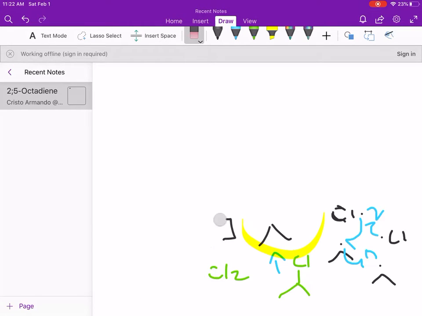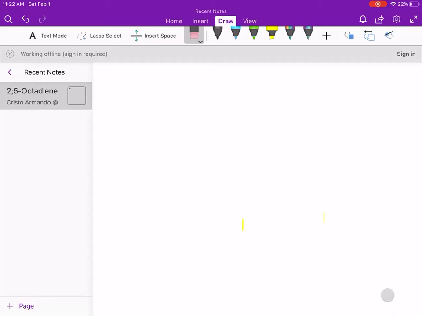So now we're going to draw the mechanism for NBS. We have this right here, and then this is straight from the problem that we did before.